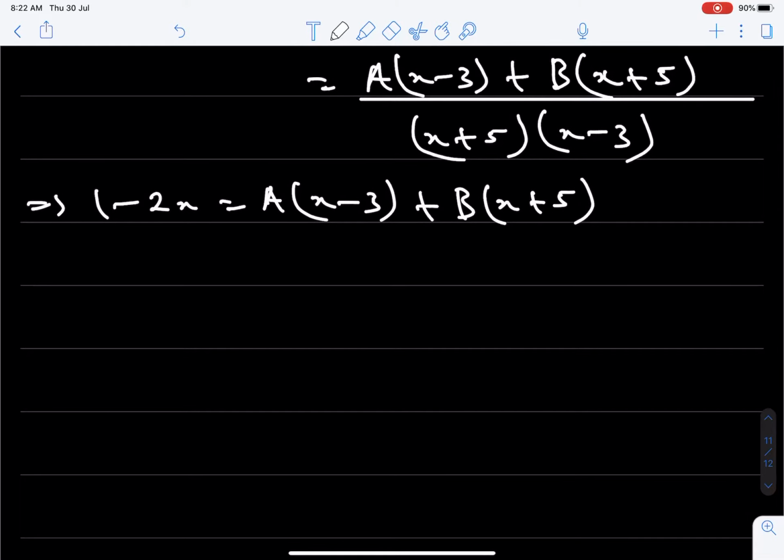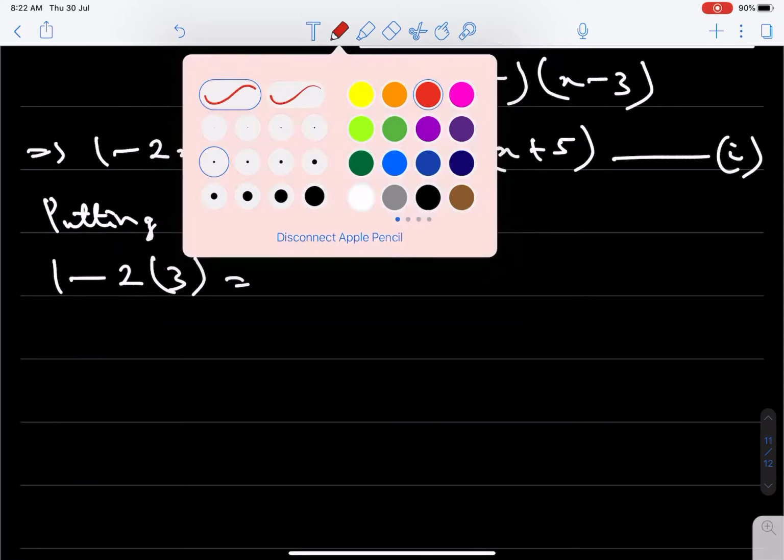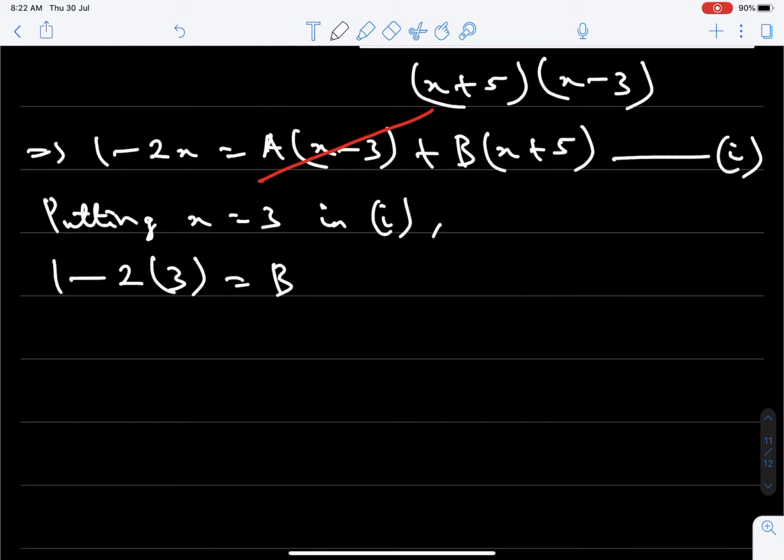Let's call that equation 1, and do the same thing we did in example 1. Putting x equals 3. If I put x equals 3 in equation 1, I'll be able to eliminate a and find b. That means 1 minus 2 times 3 is equal to, sorry, a will be gone if I do that, and I'll be left with b times 3 plus 5.